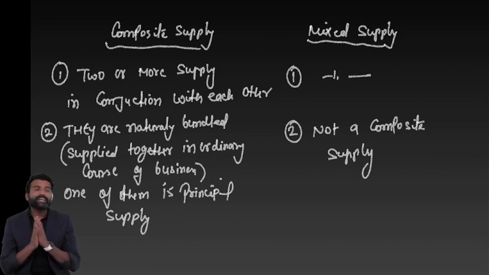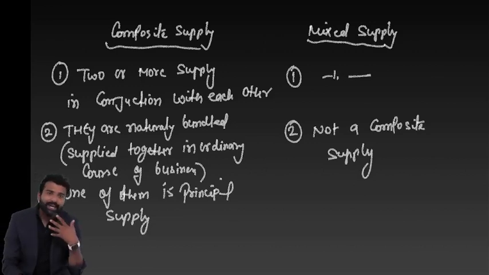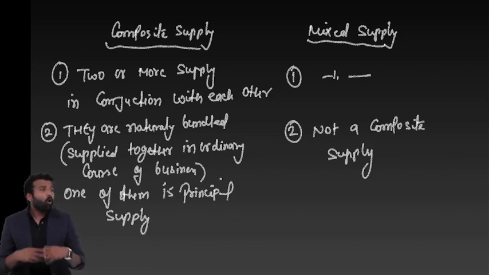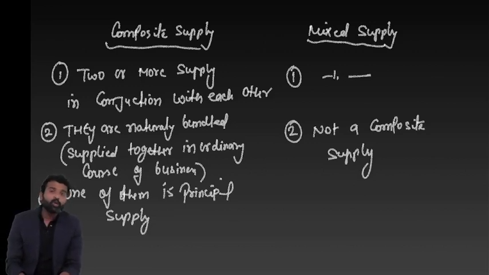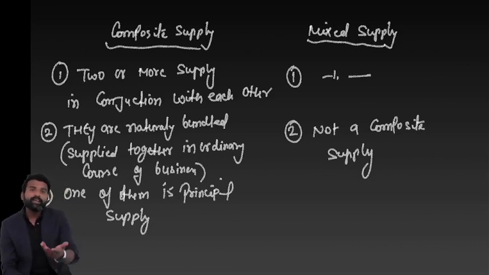Again, it depends whether the supplies are naturally bundled, supplied together in the ordinary course of business, or not. That will decide the criteria whether it will be a composite supply or a mixed supply.